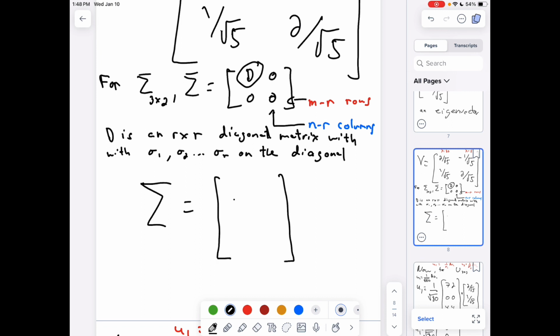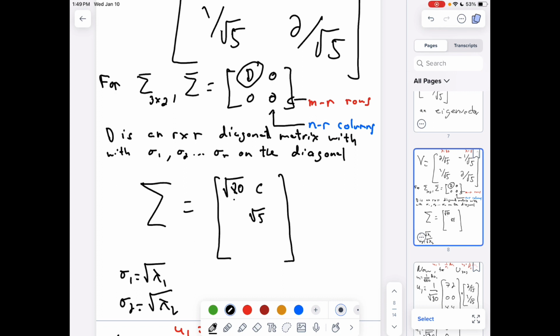This diagonal consists of what we call sigma 1, sigma 2, sigma r, which are the square roots of the eigenvalues. So sigma 1 would equal the square root of the first eigenvalue, being the largest, so that entry would go here. And then the next eigenvalue that we got was 5, so it'd be the square root of 5 for the next one, and so on. And these would go along a diagonal. Well, that's it. That's the only ones that we got.